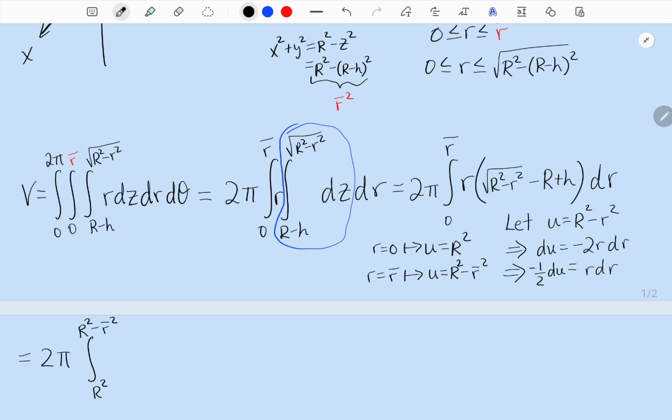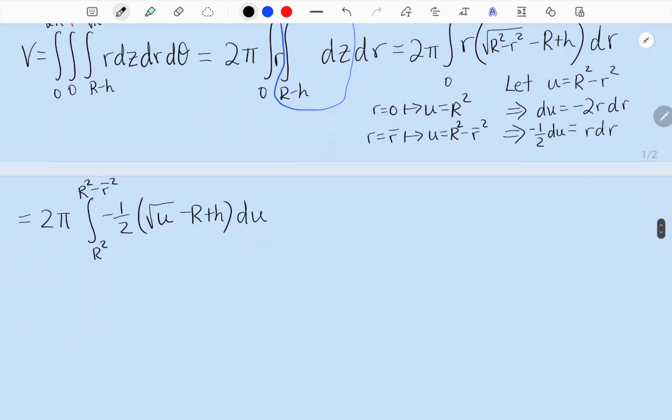So r dr is negative 1/2 du, and then I have what's inside the brackets, which is the square root of R squared minus r squared, which we said was u, and then minus R plus h.